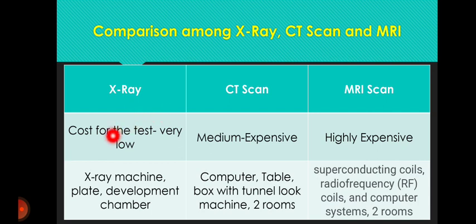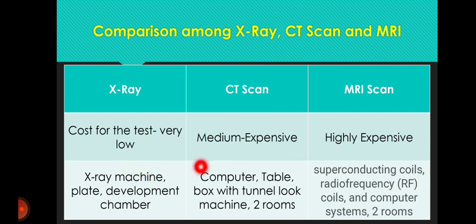Next is the cost of the diagnostic test. X-ray is very cheap, maybe within 500 rupees. But in case of CT scan, it ranges from 5,000 to 10,000 rupees. And MRI scan is costly, maybe 10,000 to 15,000 rupees. If you see the requirements, for X-ray there is a requirement of a plate and X-ray machine and a developing chamber.